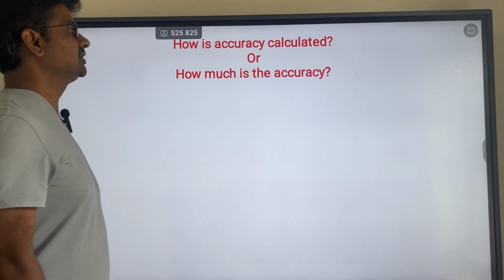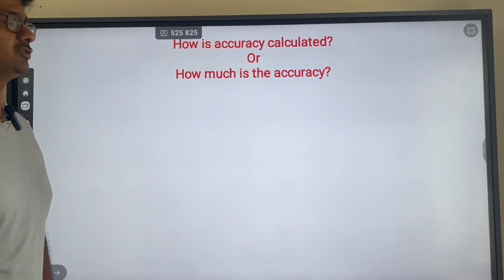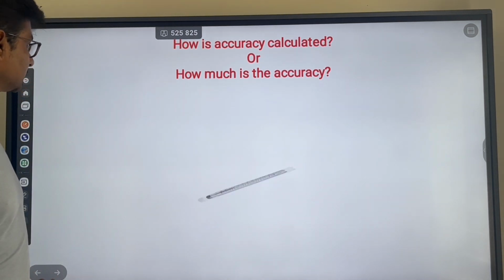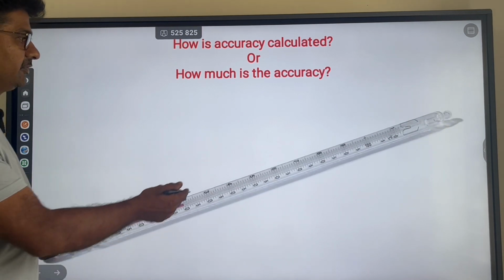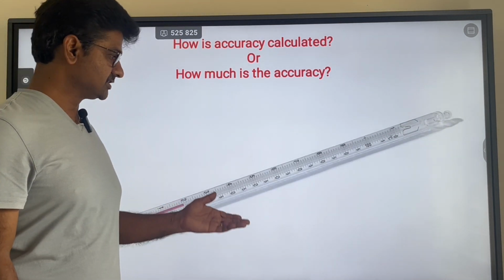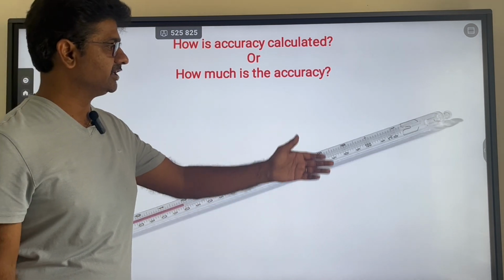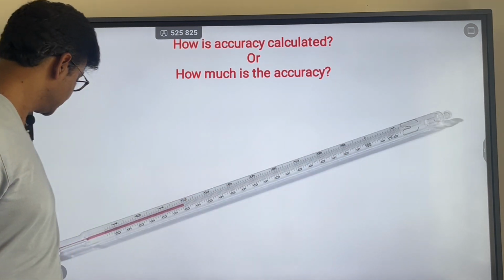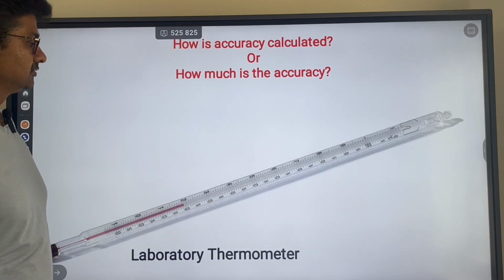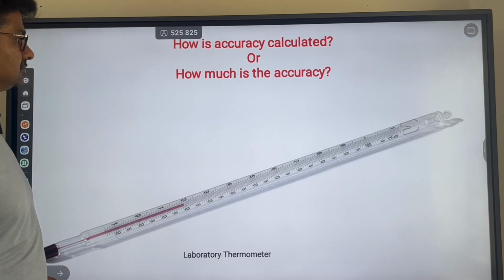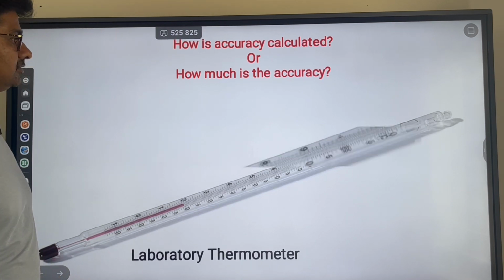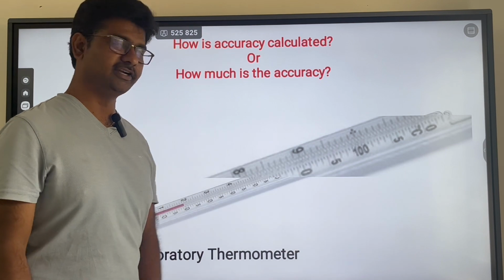How is accuracy calculated, or how much is the accuracy? Suppose I have a thermometer like this. This is a laboratory thermometer. We have readings up to 100 degrees, so you can measure till 100 degrees centigrade.